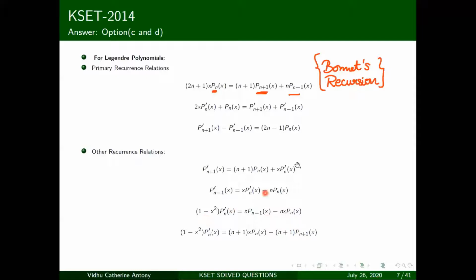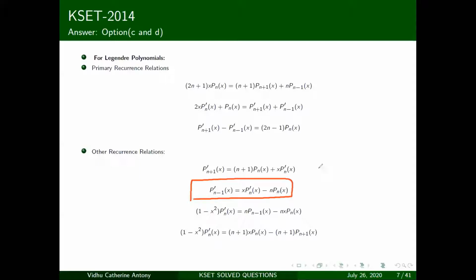And then let's look at this formula. A particular formula that I would look at is this. Instead of n, I will put L. Let me just write this.